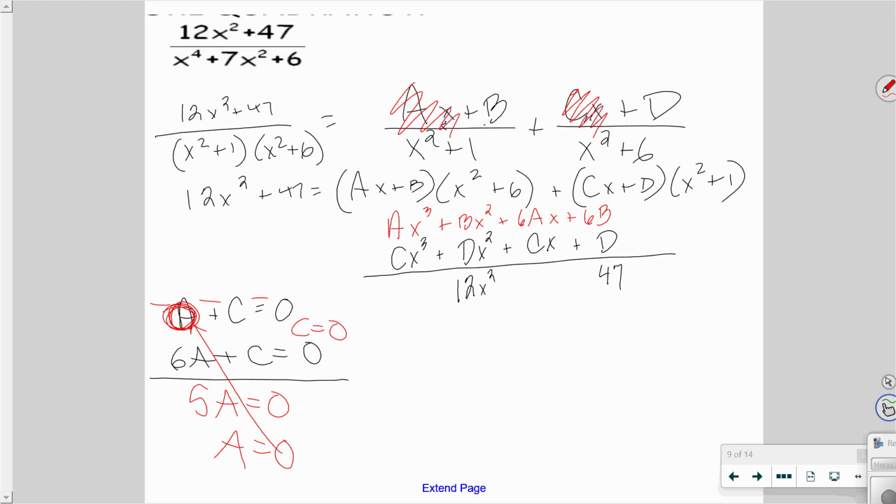All right, you guys solve for B and D. B plus D is 12. 6B plus D is 47. I think it comes out nice.